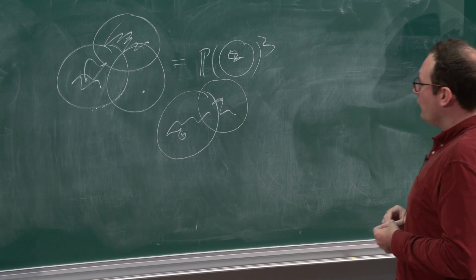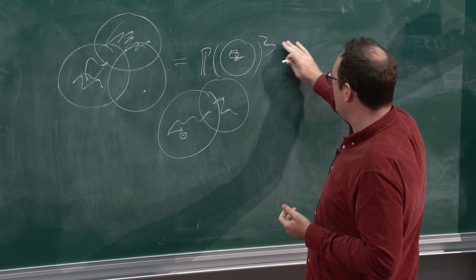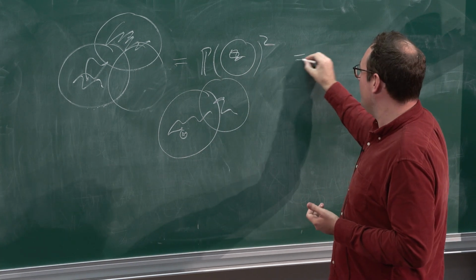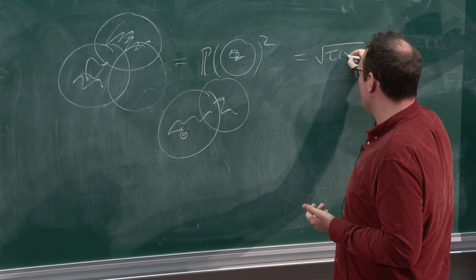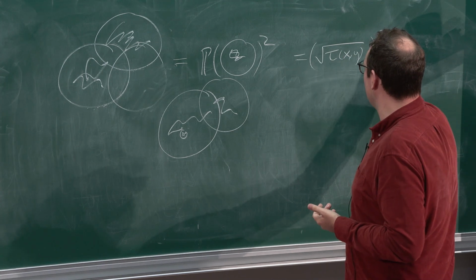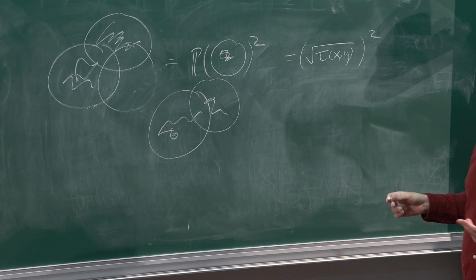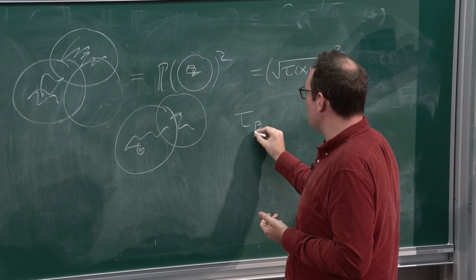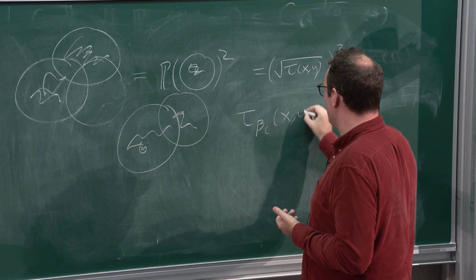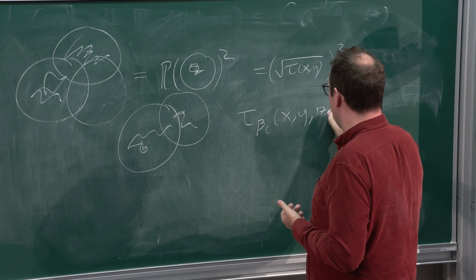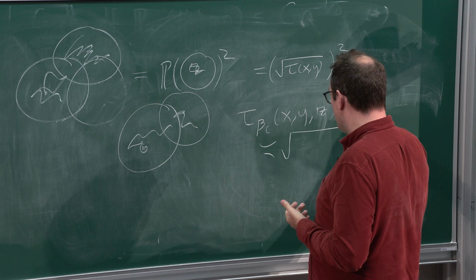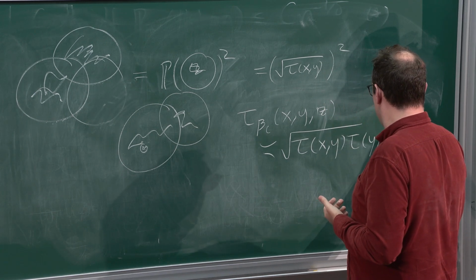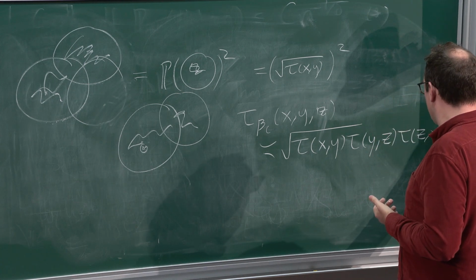And so what you can think is, when I went back to this version with 2 points, whatever this probability is, well, this is a bit silly, but it's the square of the square root. So in particular, if you have 3 points, it should be, in low dimensions, of the order the square root of the product of the 3 connection probabilities.